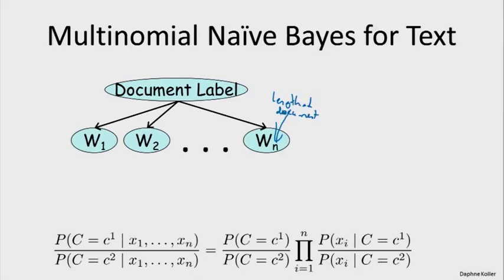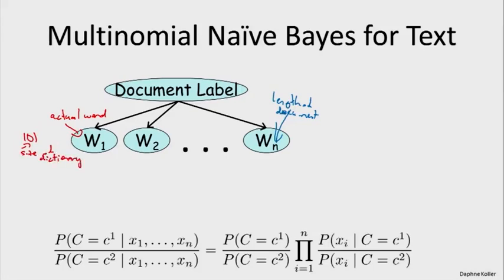The value of each of these random variables is the actual word that is in the first, second, up to the nth position in the document. And so if we have, say, that same dictionary of 5,000 possible words, this is no longer a binary random variable, but rather one that has d values, where d is the size of the dictionary, say 5,000.